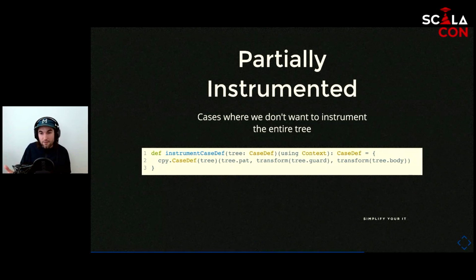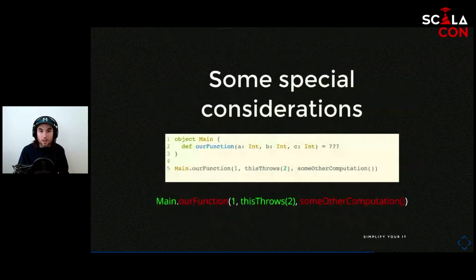The case def is a good example of this, where you can see that certain parts of the tree, like the pattern here, we're doing nothing with, but we are transforming the guard and the body, and that's it. So those two parts of the tree are being transformed and instrumented, whereas the other parts of the case def aren't being instrumented. And there are some other specific considerations that we need to make for these as well.